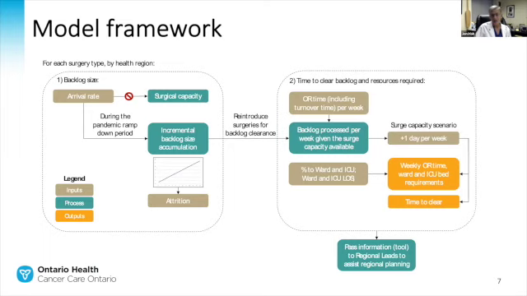The surge capacity that I will discuss today will be that 10% increase in resources, so 1 day per week running 50% of the ORs for 8 hours a day. And the output, shown in the far right-hand bottom, is the weekly OR time required, the ward and ICU bed requirements, and the time to clear surgery, based on all of the data that we've inputted.